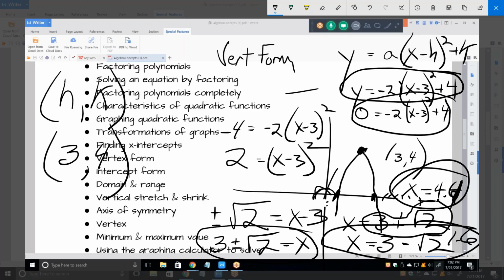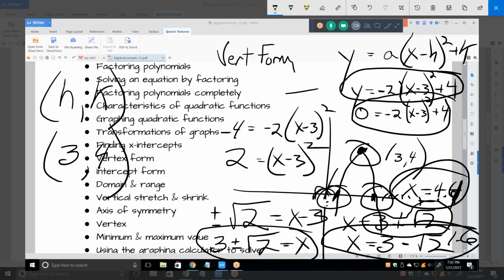Now, you can see that as long as they give you the quadratic in vertex format, it becomes pretty easy because it gives you a very easy starting point, the vertex. That's where you want to start, always. And now all you've got to do is find two other points. It was easy enough to figure out the x-intercepts by setting y equal to 0. And once I've drawn 3 points, that's all you need.